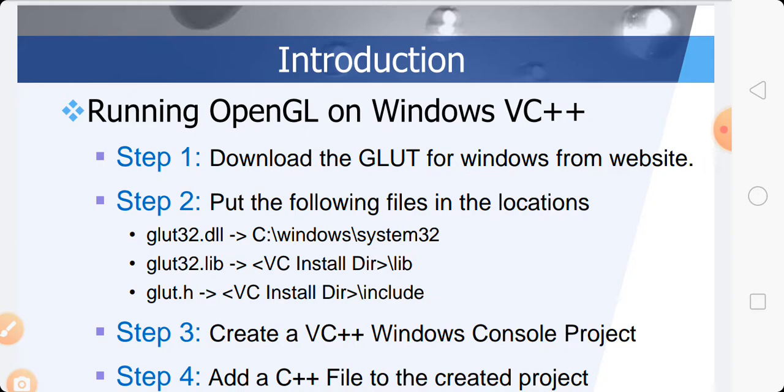GLUT is a graphics package. Step 2, put the following files in these locations: glut32.dll in C:\Windows\system32, then the glut32 library file (lib) in the Visual Studio install directory's lib folder, and glut.h, which is a header file, in the Visual C++ install directory's include folder.